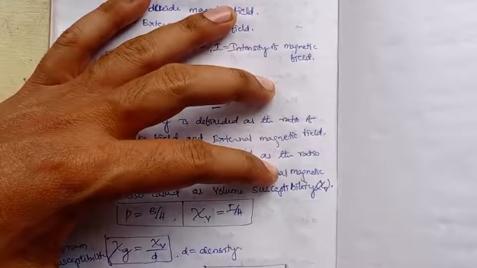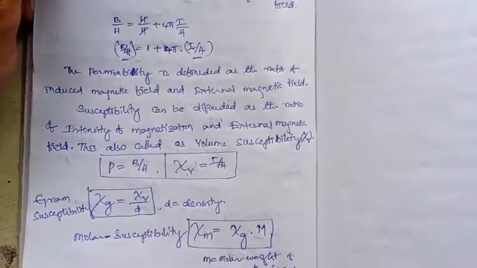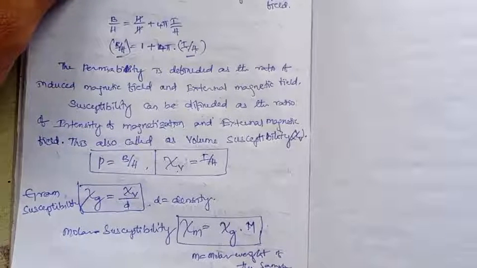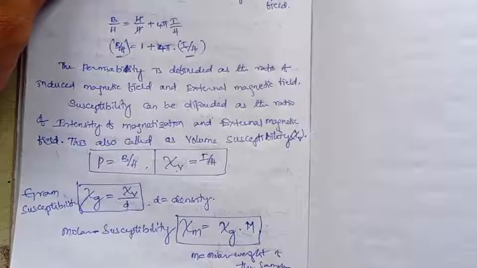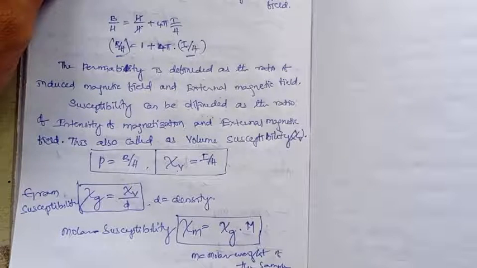Like this, we have the susceptibility definition and its different types, right? Gram susceptibility, volume susceptibility and molar susceptibility, right? Have you understood this? Susceptibility is nothing but the ratio of the intensity of magnetization of the sample divided by the external magnetic field, right?